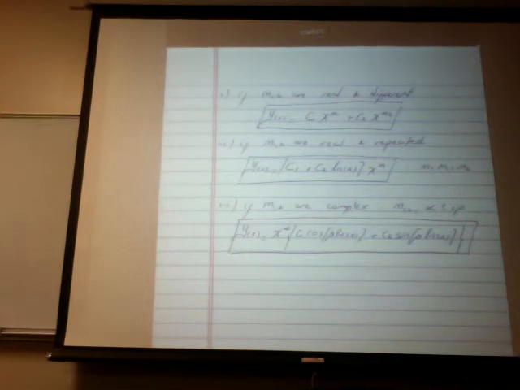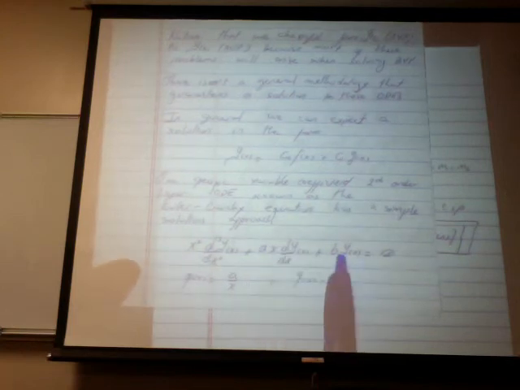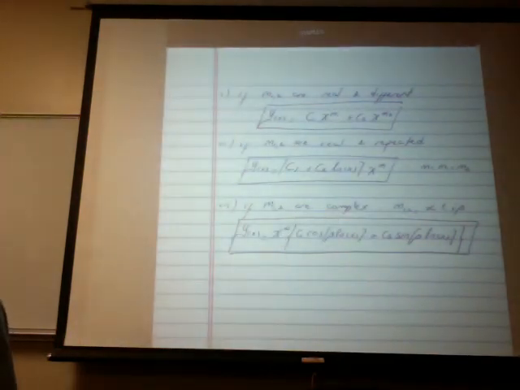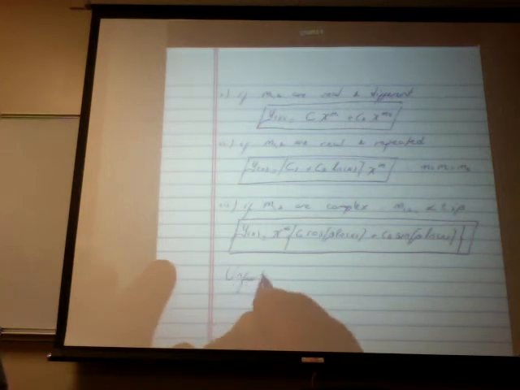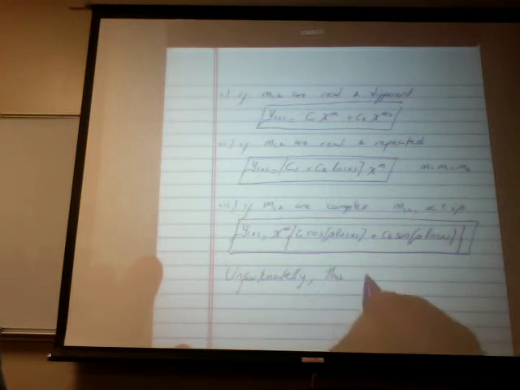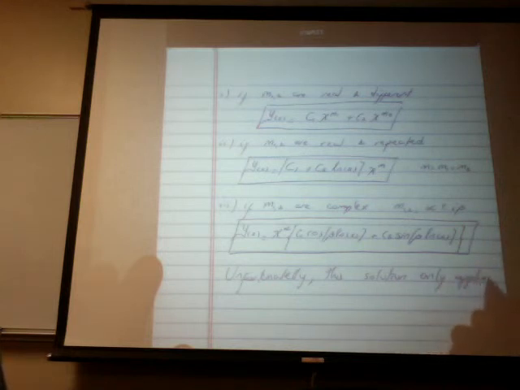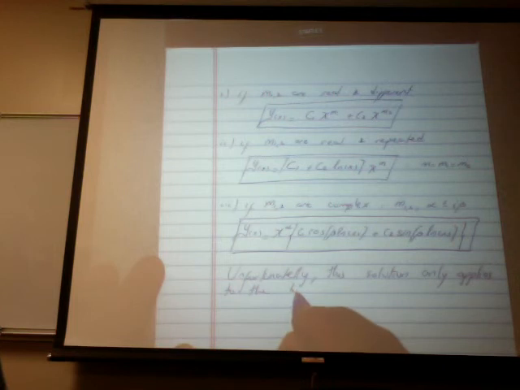But it's very, very restricted because the equation has to look like this. We have to have an x squared, an x, and a 1 multiplied times the coefficient. And then the solution ends up being like that. So unfortunately, this solution only applies to the Euler-Cauchy equation.